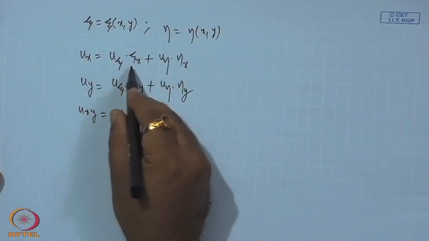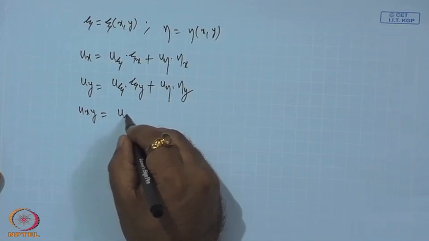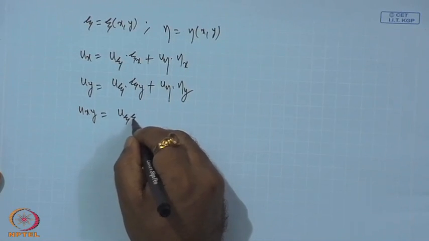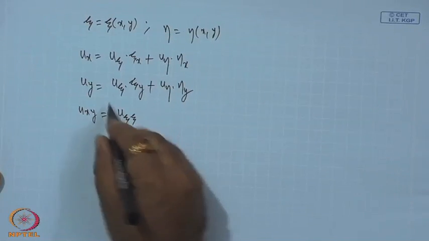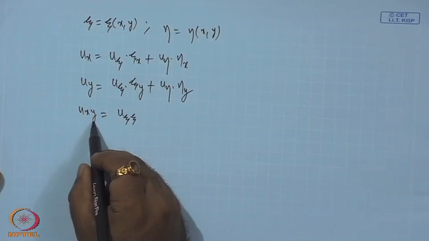So we have here u zeta zeta; one zeta x is present and we are differentiating with respect to y.